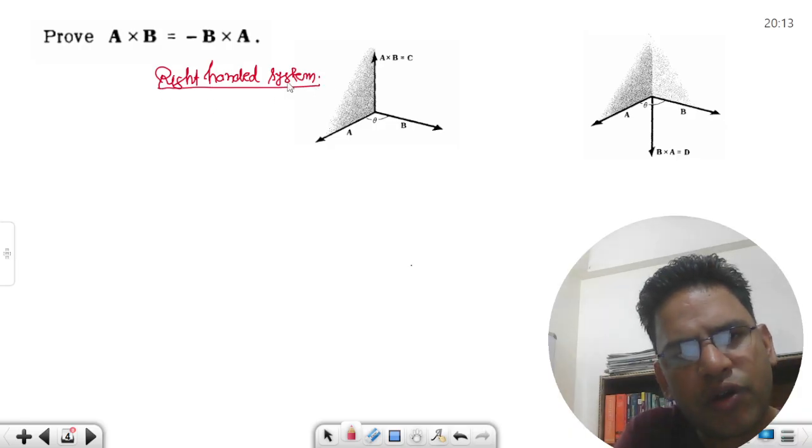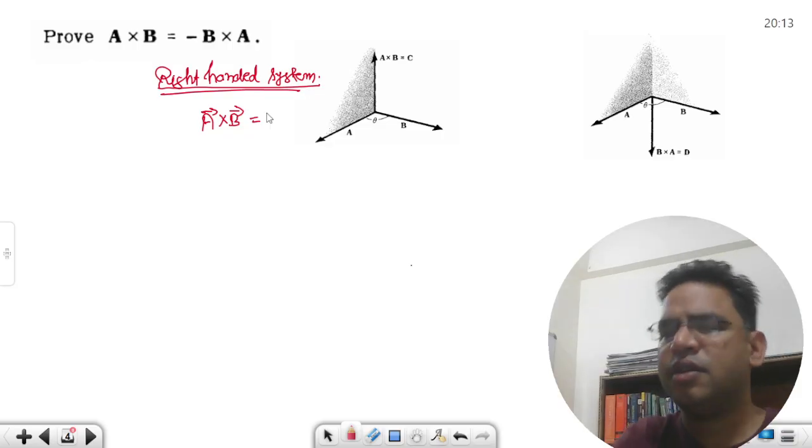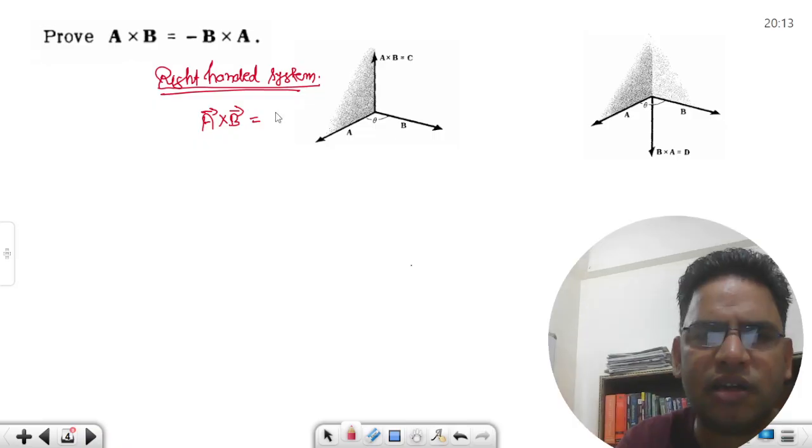You put your palm on vector A and rotate it towards vector B. So the thumb is in this direction, A cross B.